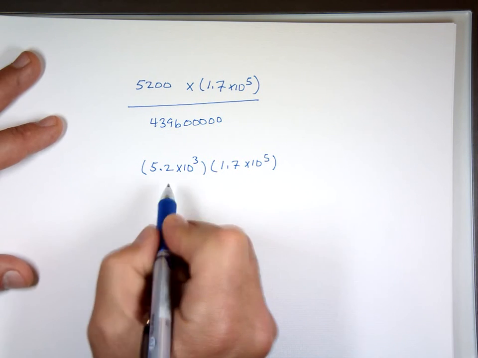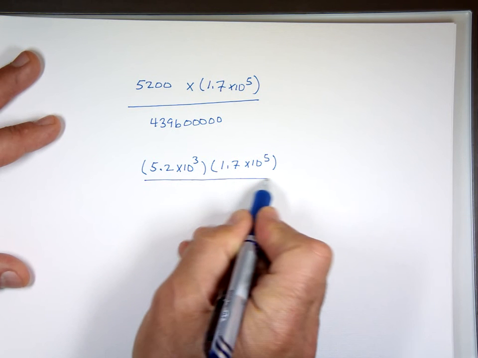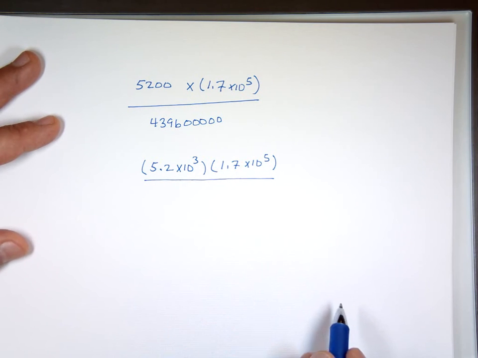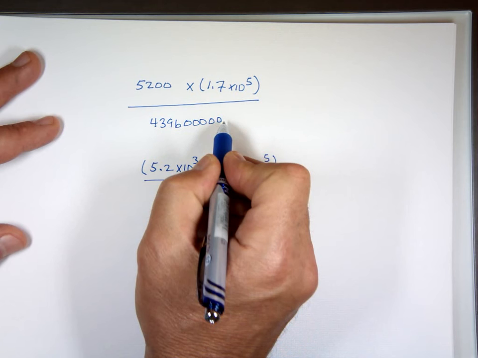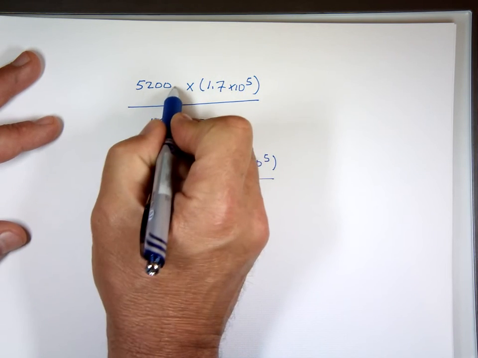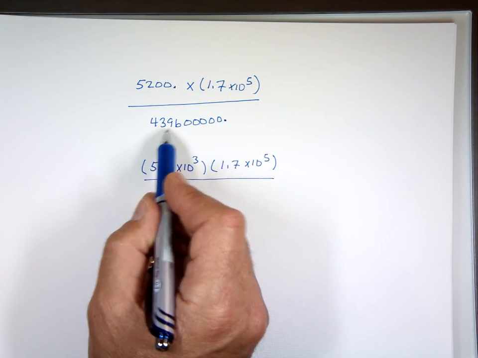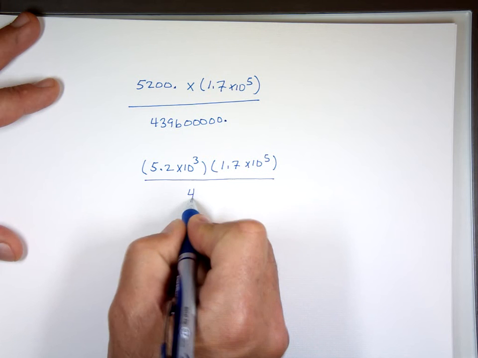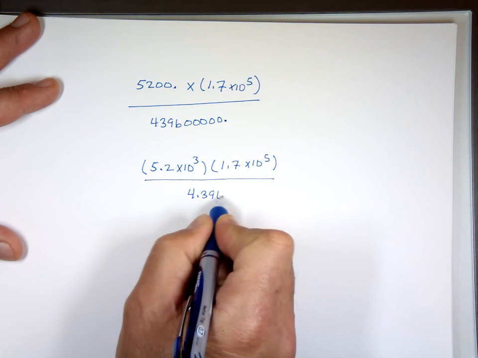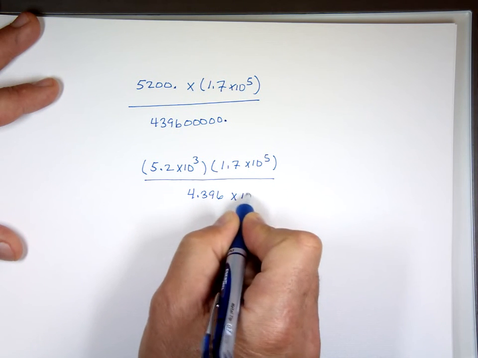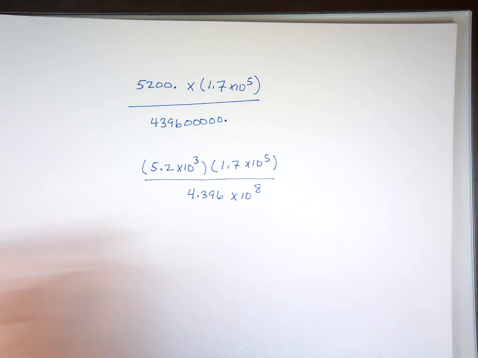All divided by, I got to change this to scientific notation. The decimal point is here. I got to move that decimal point how many places? 6, 7, 8. Notice when you move the decimal point to the left, the exponent is positive. When you move it to the right, the exponent is negative.